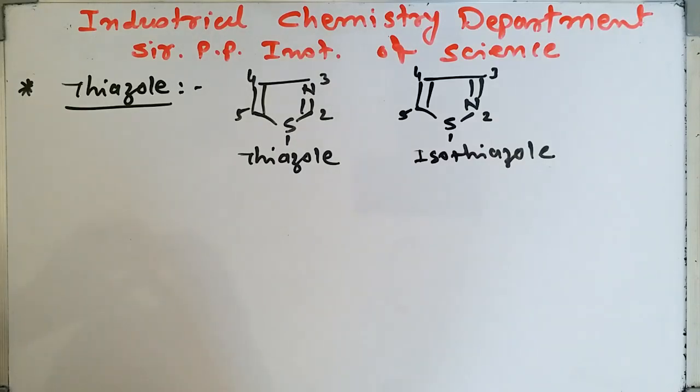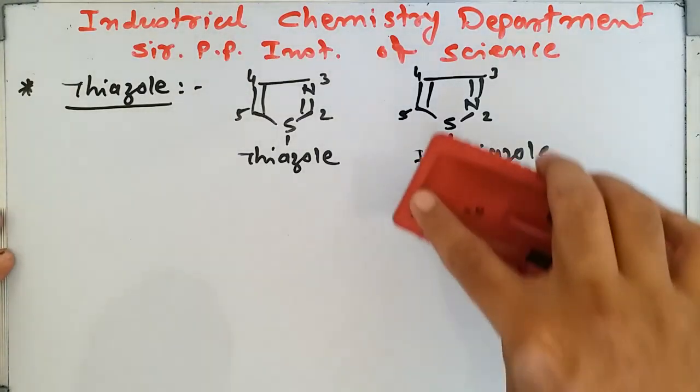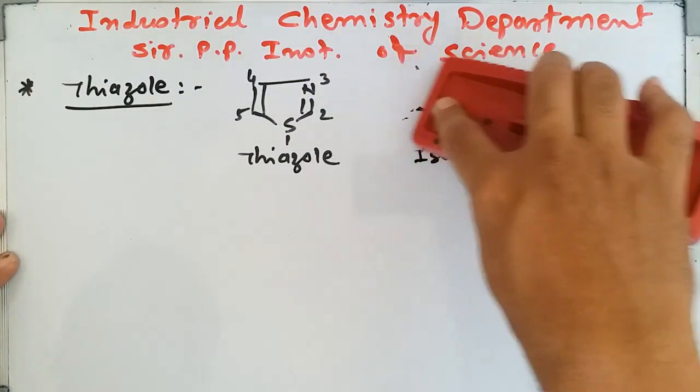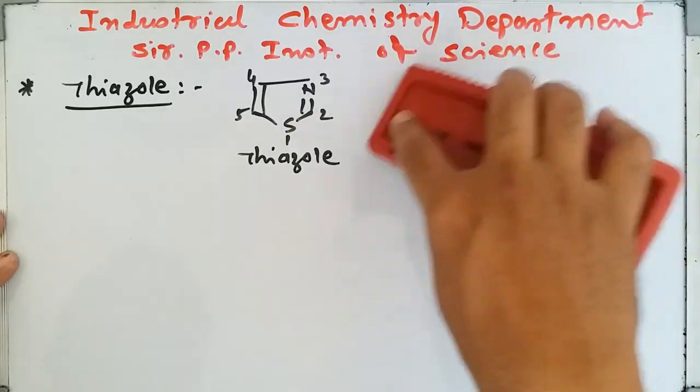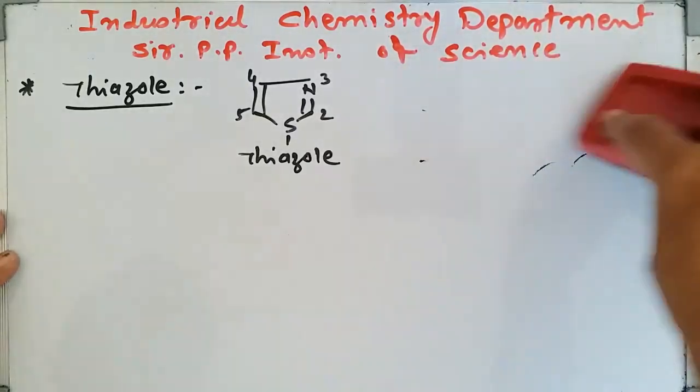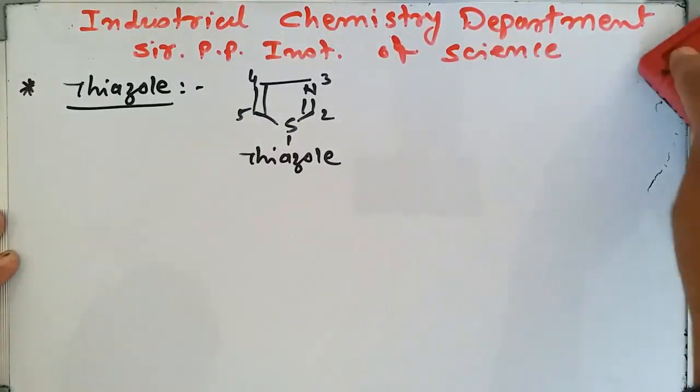This is a five-member ring with two heteroatoms. According to our syllabus, we will study only thiazole, not isothiazole. So we continue with thiazole.